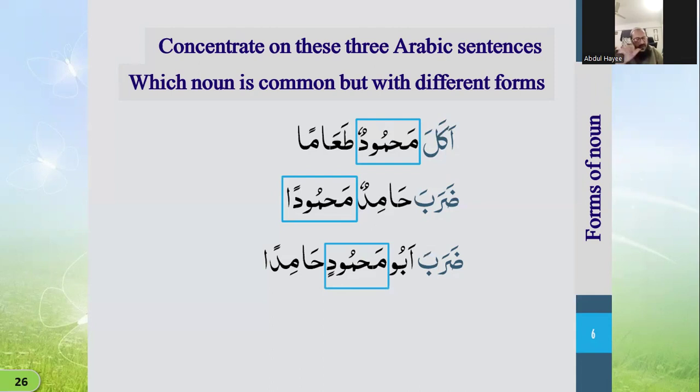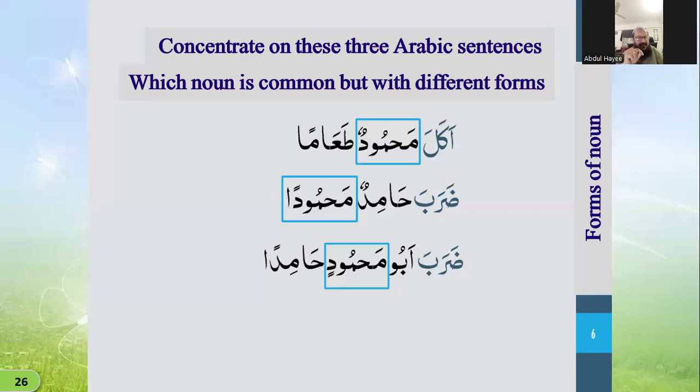Now in all the three sentences, which noun is common? Of course, Mahmud. But Mahmud has come in three shapes. In first state, it was having dhamma, it is fa'il. In second state, it was having nas, fatah, it is maf'ul. In third state, it's having kasra, jar, so it's a relationship.